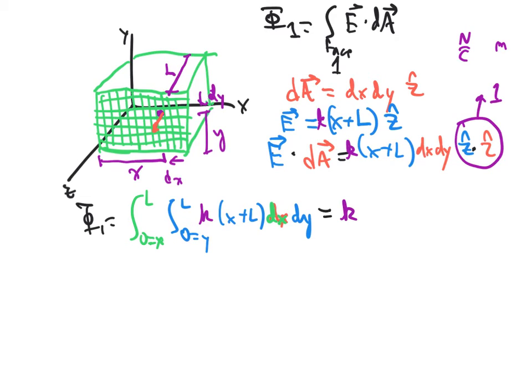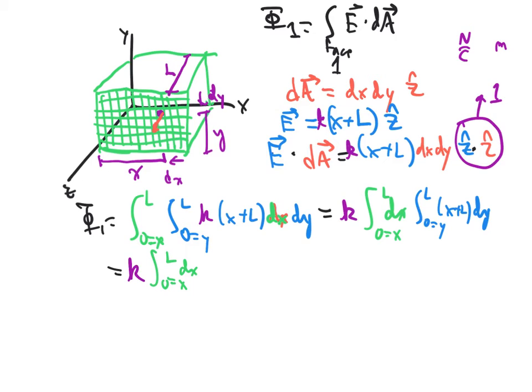Now I have the integral from 0 to L for y of x plus L dy. But for an integral over y, x and L are both constants, and they can come out front as well. So I have the weird constant k times the integral from 0 to L of dx times x plus L times the integral from 0 to L for y over dy, which is easy and nice.